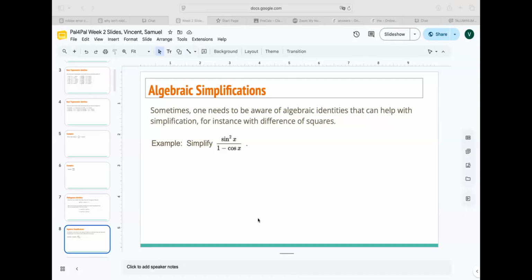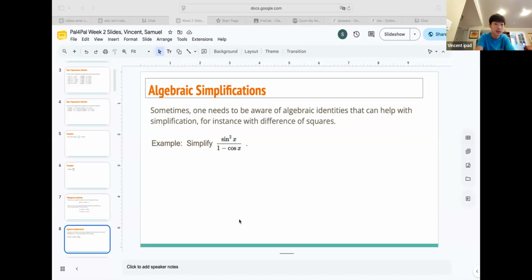Like sine x squared is equal to what? 1 minus cosine x squared. Then we do difference of squares, a little cancellation, and we get cosine x plus 1. Yes, correct.